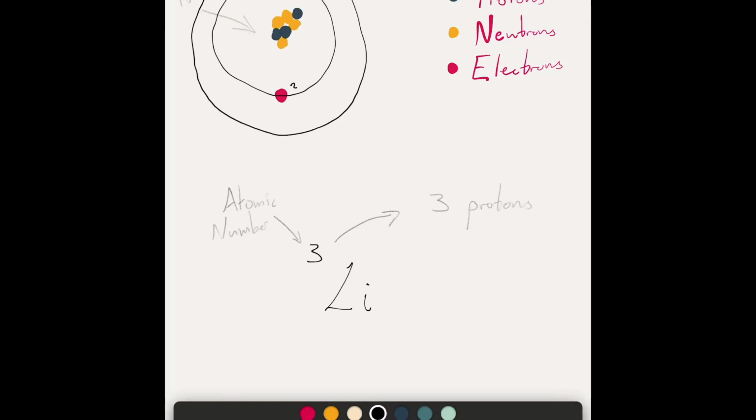But that also means that we also have 3 electrons, because the number of electrons and protons that we have in an atom will always be the same. So it has an atomic number of 3. That tells me that I have 3 protons, but I know then that if I have 3 protons, I must also have 3 electrons as well.